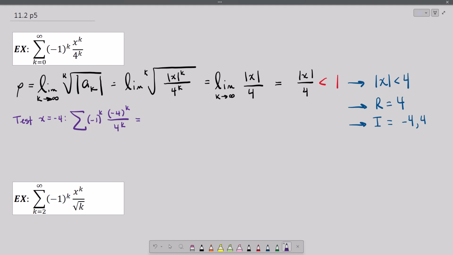So let's go ahead and see if we can simplify this. -1 to the k. And then if we bust this apart, we have another -1 to the k. And then over here, we have 4 to the k over 4 to the k. Is that all okay? So -4 quantity to the k. We take that power of k here, and we push it onto the -1, giving us the second -1 to the k. And we push it onto the 4, giving a second 4 to the k.